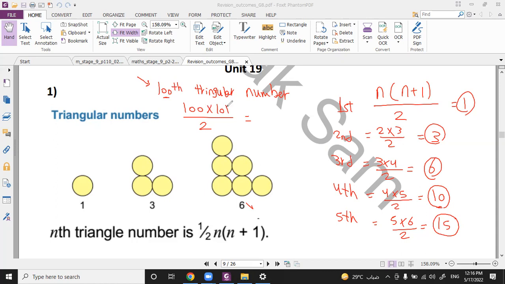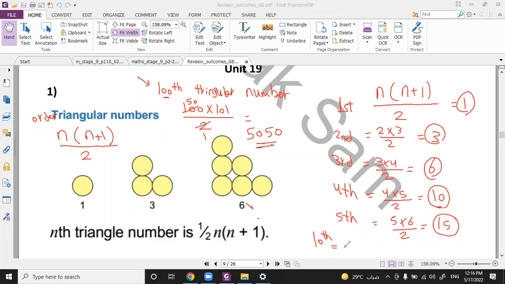So multiply 100 by 101 because it's n times n plus 1 divided by 2. N stands for the order. And for n plus 1, we add 1. So 100 times 101 divided by 2. So it's 50 times 101, so it's 5,050.